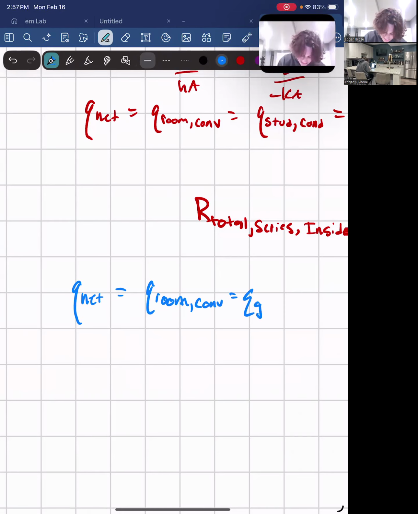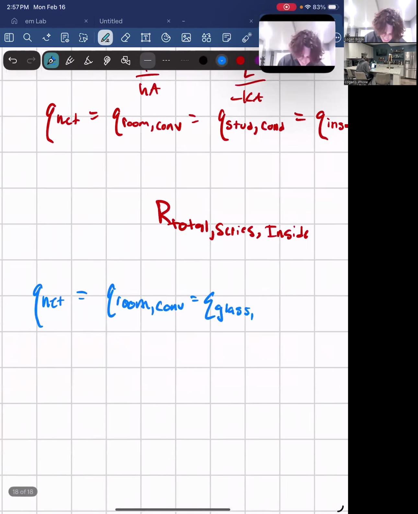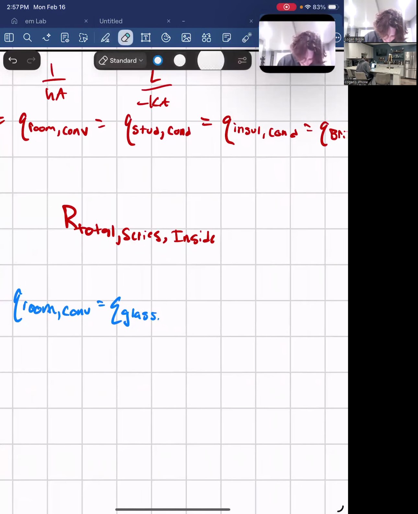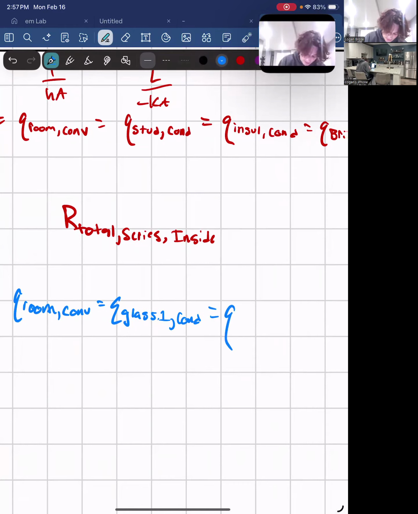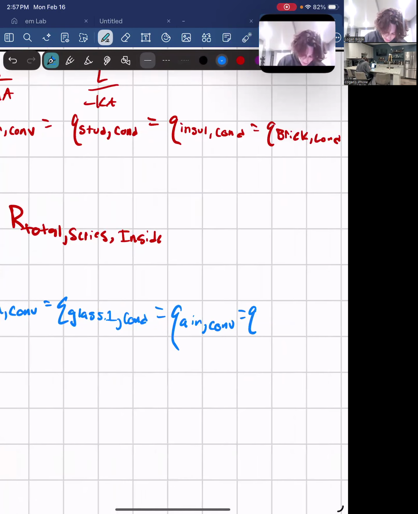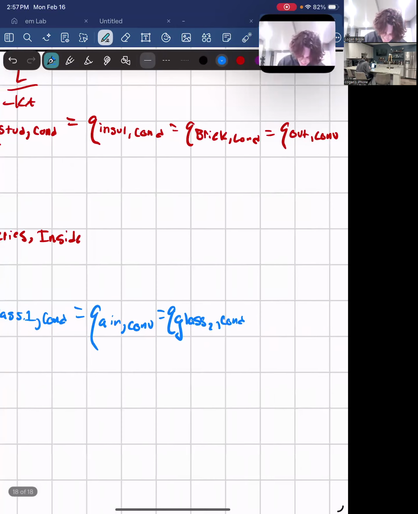Then our glass 1, which is conduction. Then we go to an air, which is convection. Then our glass 2, which is conduction. And then finally, we have our Q outside, which is convection.